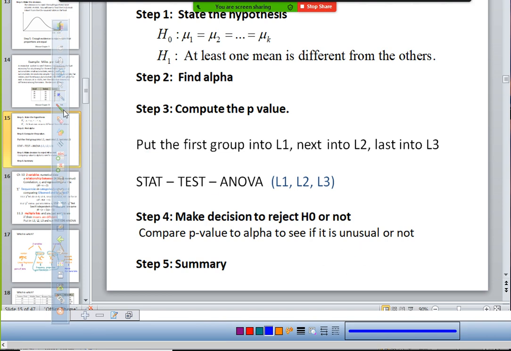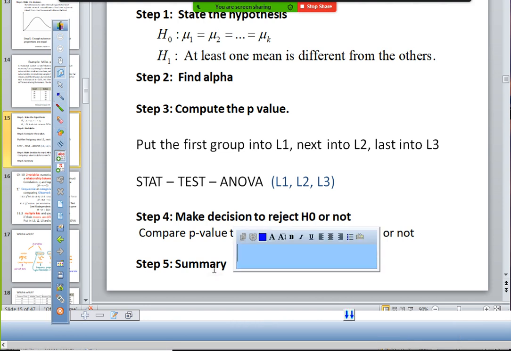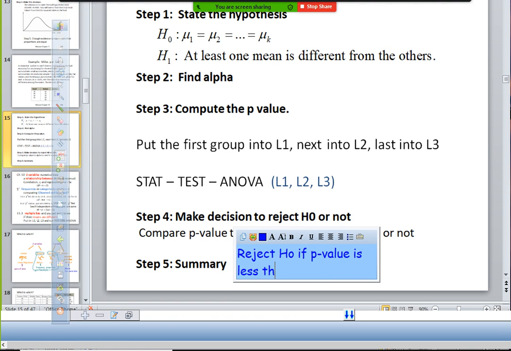So reject H0 if p-value is less than alpha, if it's unusual.